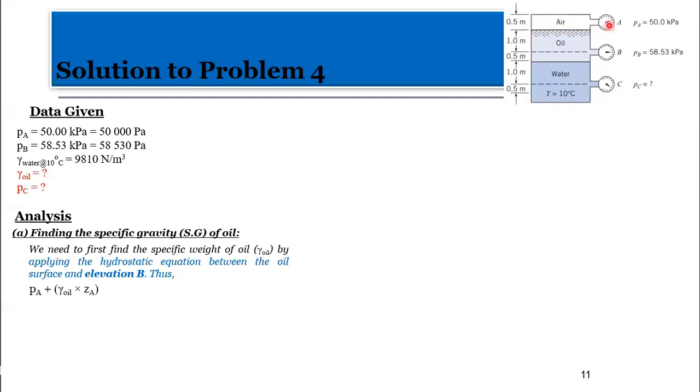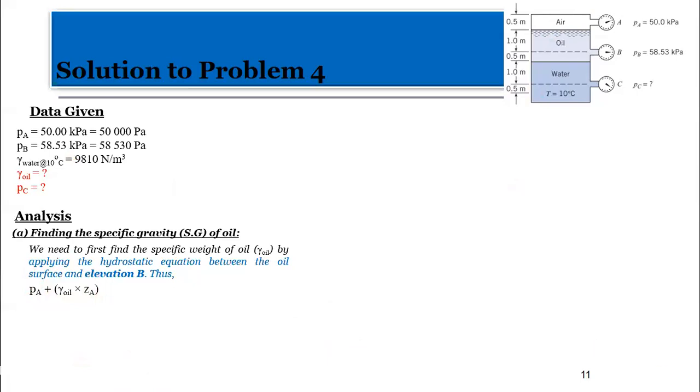So the pressure acting on that surface is PA. So we have level A and then level B. So we have PA plus gamma of oil times ZA, the hydrostatic pressure, that's the piezometric pressure at point A. Let me write this here for easy reference.